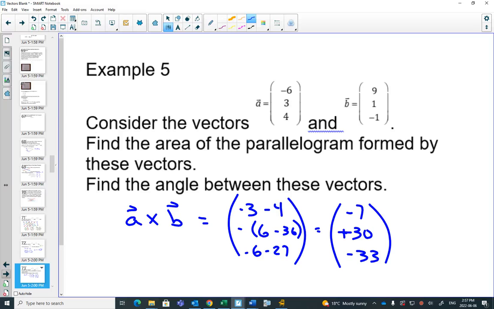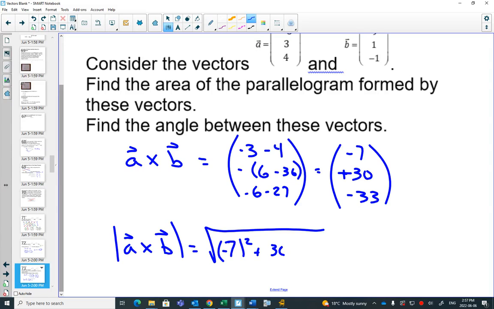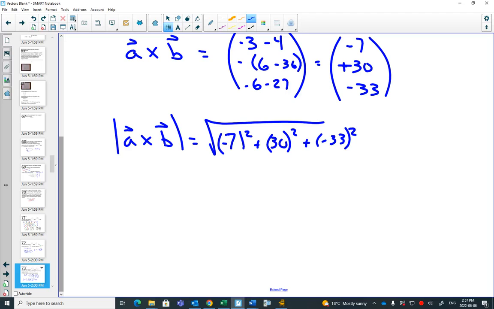Good. And then, if that's the cross product, the length of that cross product will be -7 squared plus 30 squared plus -33 squared. Type that into your calculator. What do you get as a decimal?